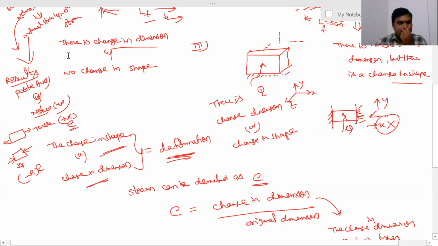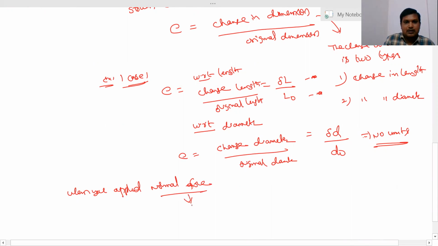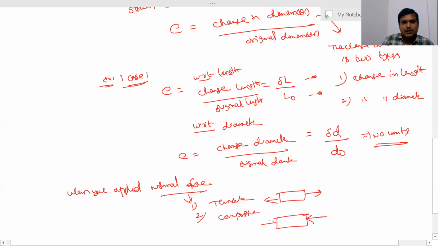So when you apply a normal force, how many types? Tensile or compressive. For this member, this is pulling, a tensile force. For this member, this is pushing, a compressive force. Is it clear?